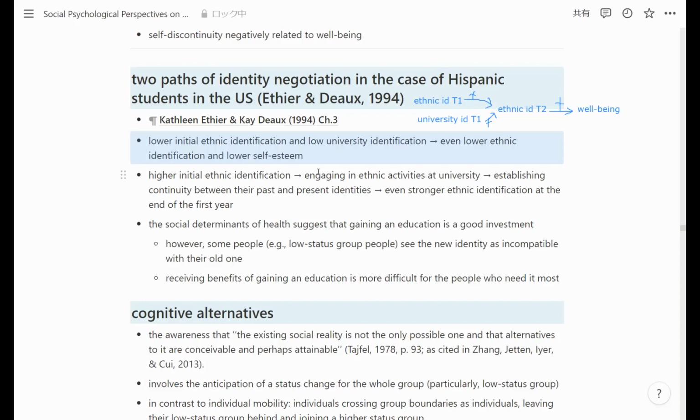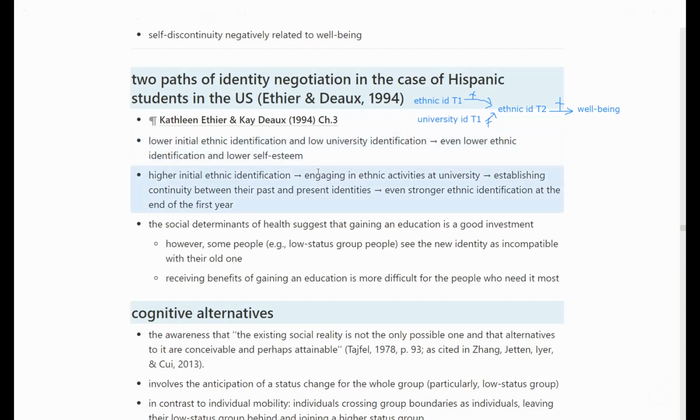So they perceive such incompatibility between the past and present identities, and thus their new university identification would be lower as well. And this would lead to lower ethnic identification at time 2, and then lower self-esteem.